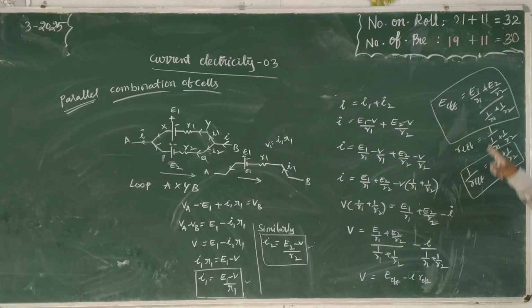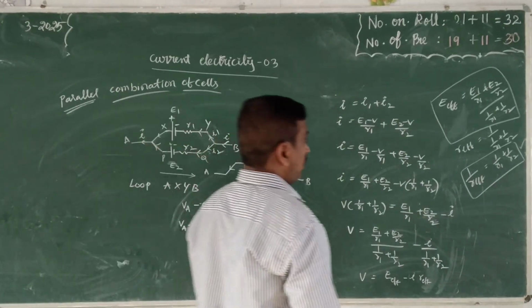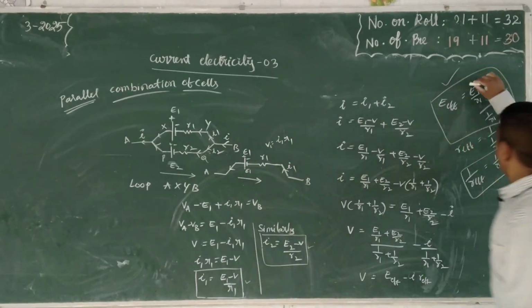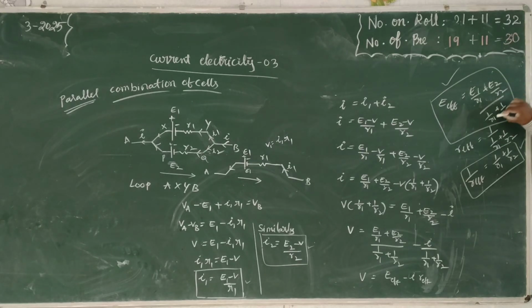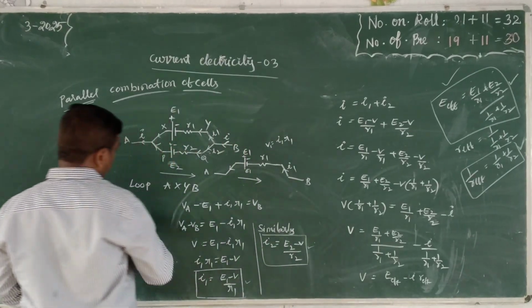So when cells are connected in parallel, this is the effective EMF and this is the effective internal resistance.